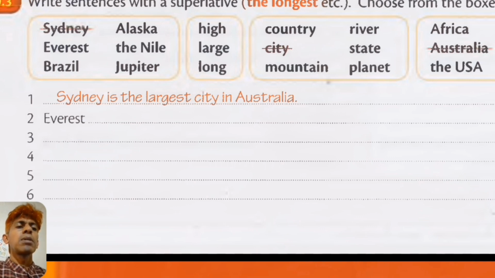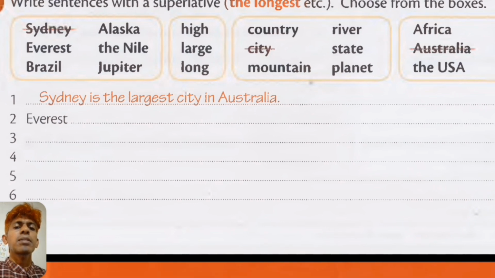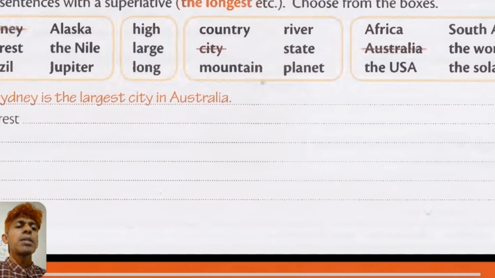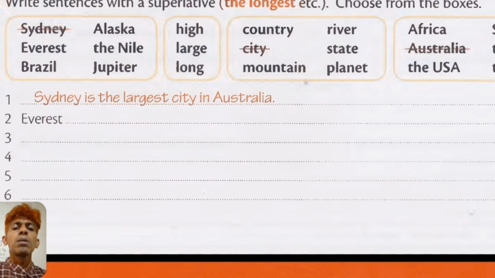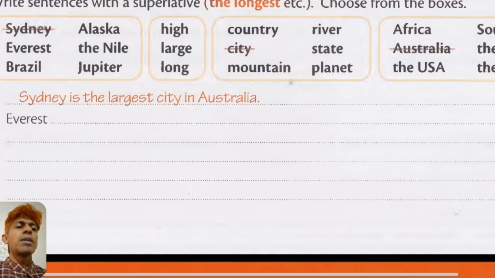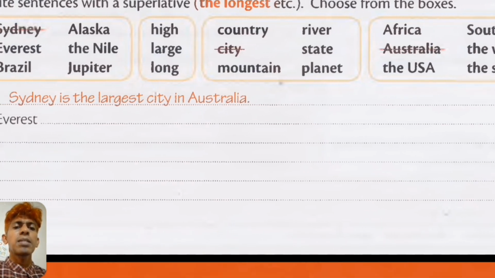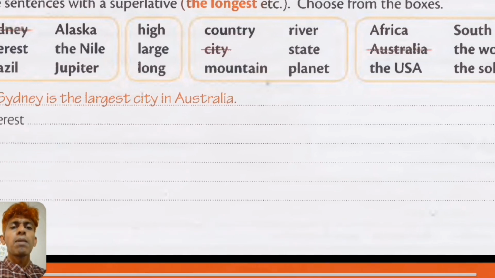Everest is the highest mountain in the world. Third, Brazil. Brazil is the largest country in South America.